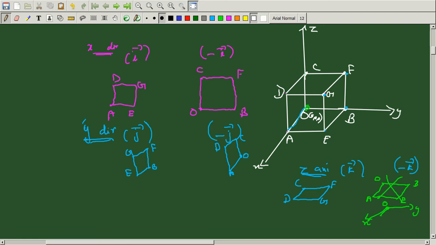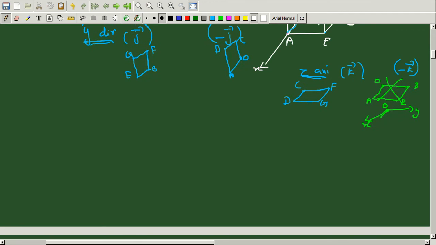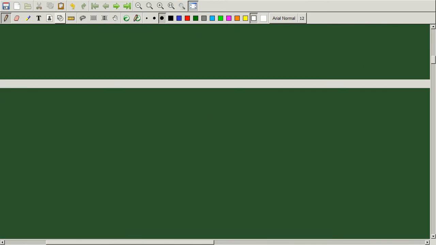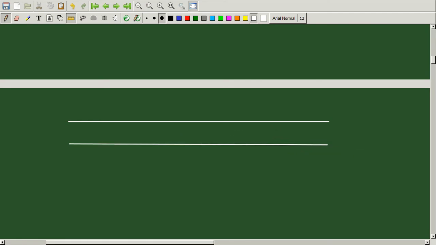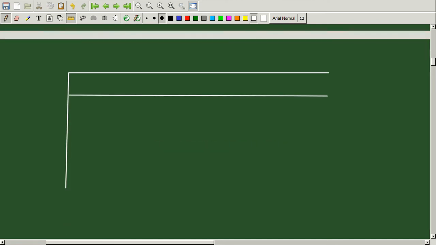So using these surfaces, we are going to frame a tabular column. Let's start. First you have to draw the table, then you can easily identify all those things. First we consider the area, all the six areas I'm going to write.